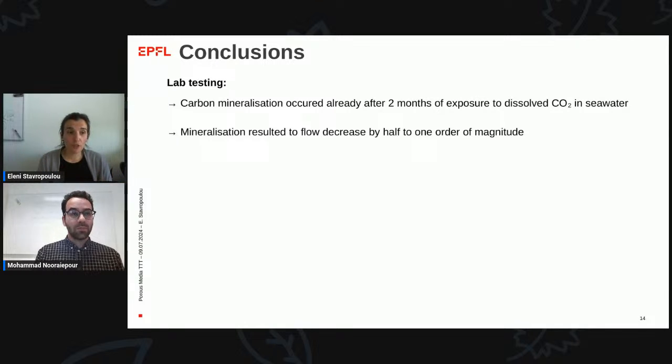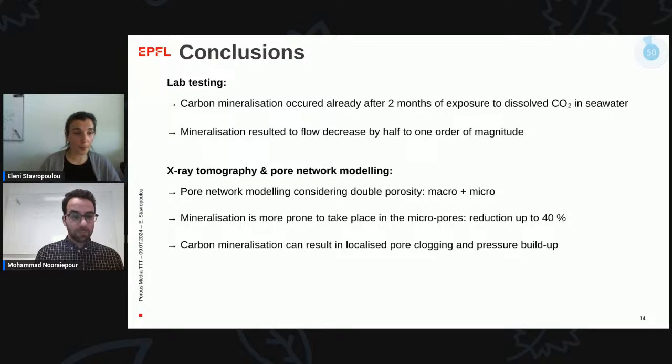We were able to measure a decrease of flow by almost 10 times. To study the potential impact of mineralization on the flow properties and these changes in flow, we considered a double porosity model, considering macro and micro porosity.